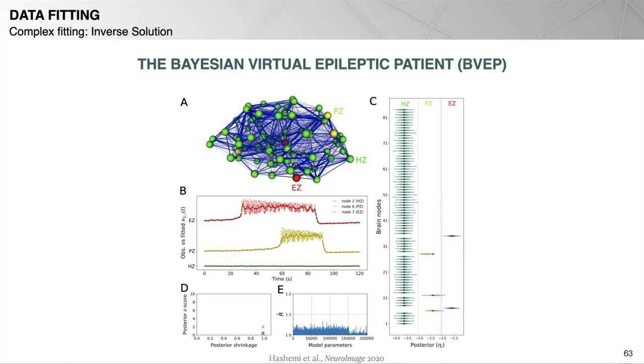Here you have an example of a patient. It is the specific brain network of this patient. There are 2 epileptogenic zone nodes in red, the 2-node propagation zone, and all the others are LC regions. So here you have the curve of the node 7s, and it is the fitting.